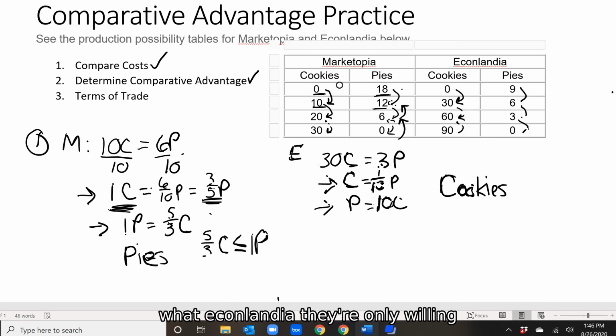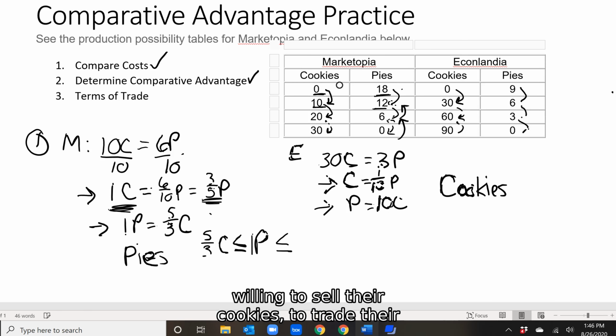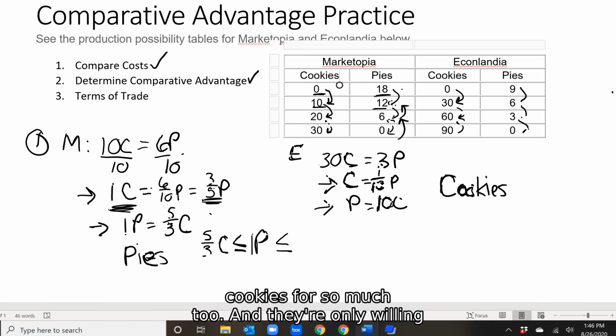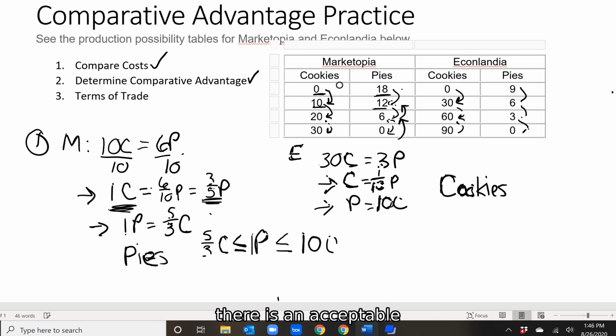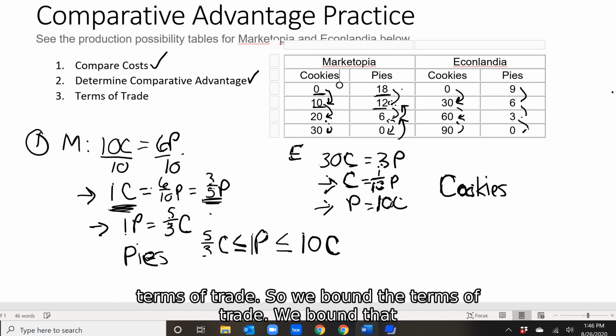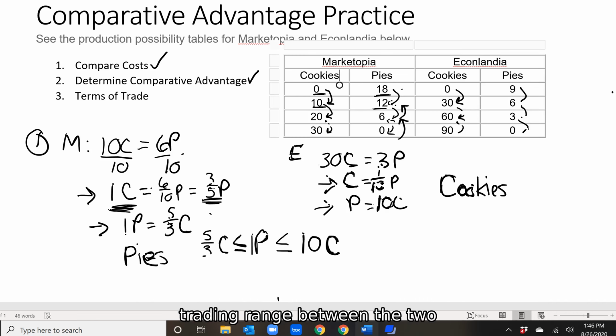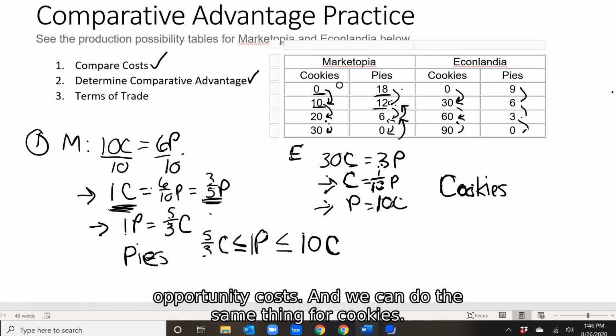But Econlandia is only willing to trade their cookies up to a point too. They're only willing to trade up to 10 cookies. So somewhere between there is an acceptable terms of trade. We bound that trading range between the two opportunity costs.